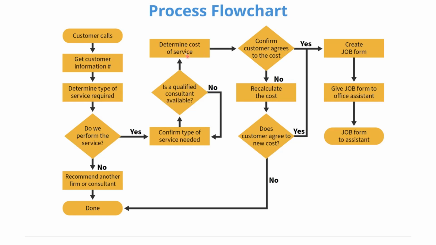So now, for example, if it says, is a qualified consultant available, and I'm a new employee and I go, I have no idea what they're talking about here, it's clickable, or it opens up a video or a PDF file to read, etc. So it becomes sort of like a live process manual. All the tools are available for free to do something like this, but the rewards for the cost are incredible.